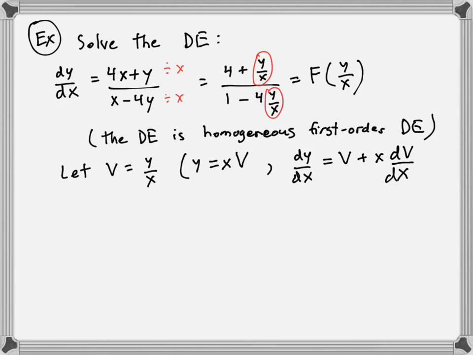So this means that we get the following. V plus x dv dx is equal to, remember, each of these now is getting replaced with a v. And so we end up with 4 plus v over 1 minus 4v.